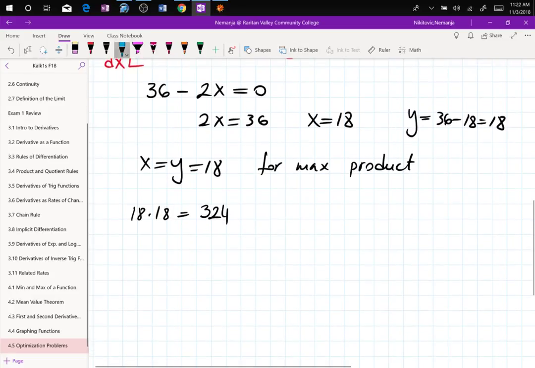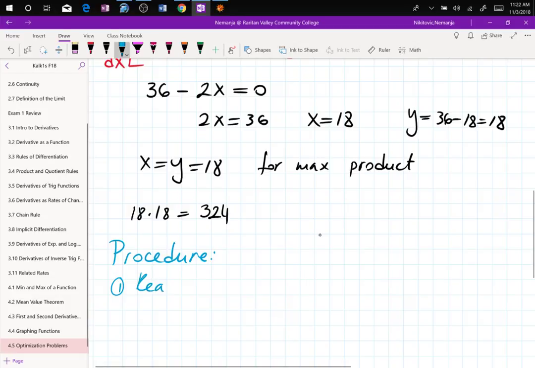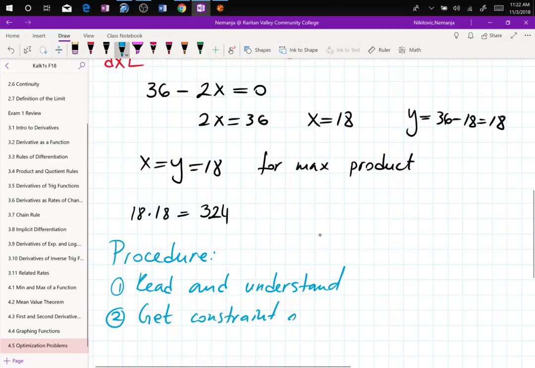So again, it's structured, but every problem seems different. So procedure: Number 1, read and understand. Number 2, get constraint and objective functions.